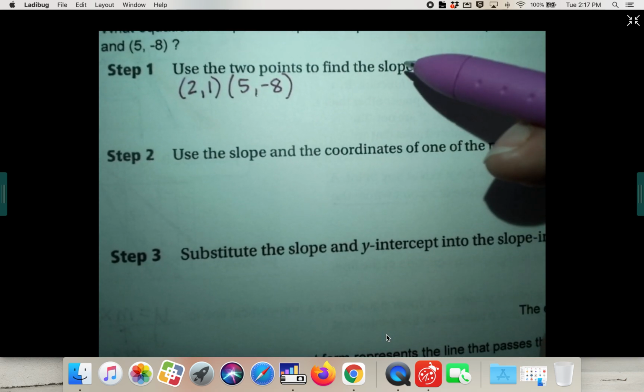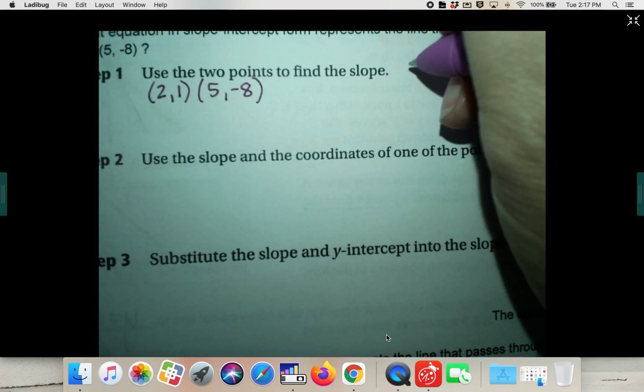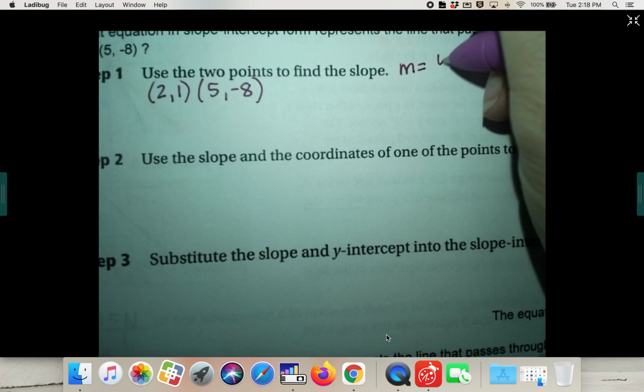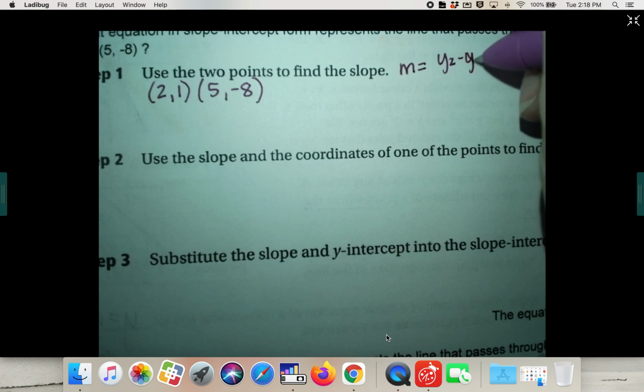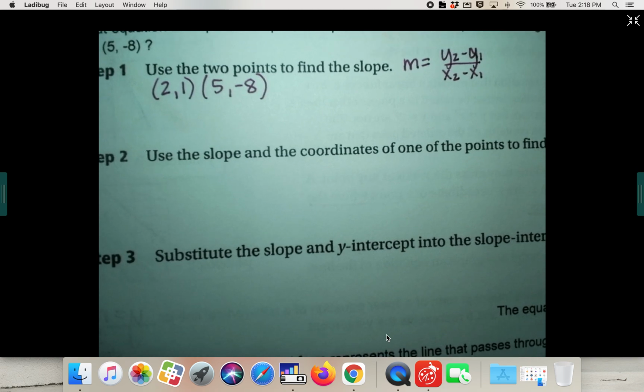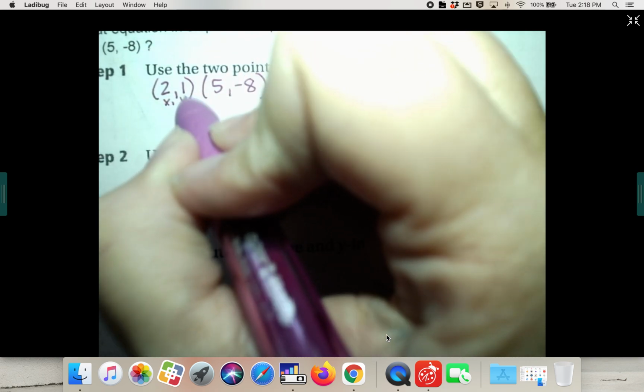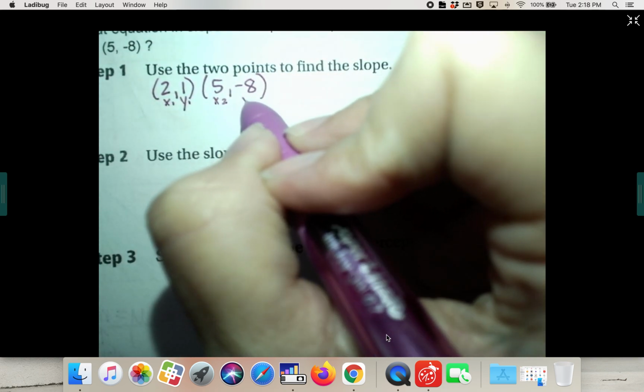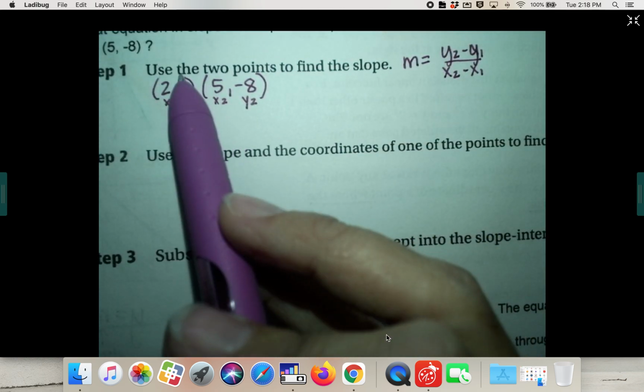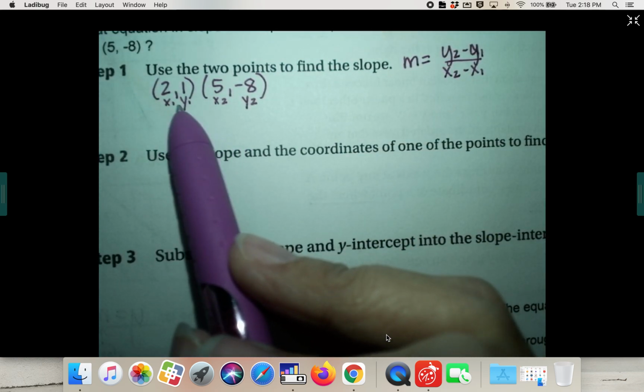First, I want you guys to find the slope. If you forgot how to find slope, let me remind you, it's y2 minus y1 over x2 minus x1. So this is my x1, y1. This is my x2, y2, because this is my first set of coordinates, so that's why they're the ones.